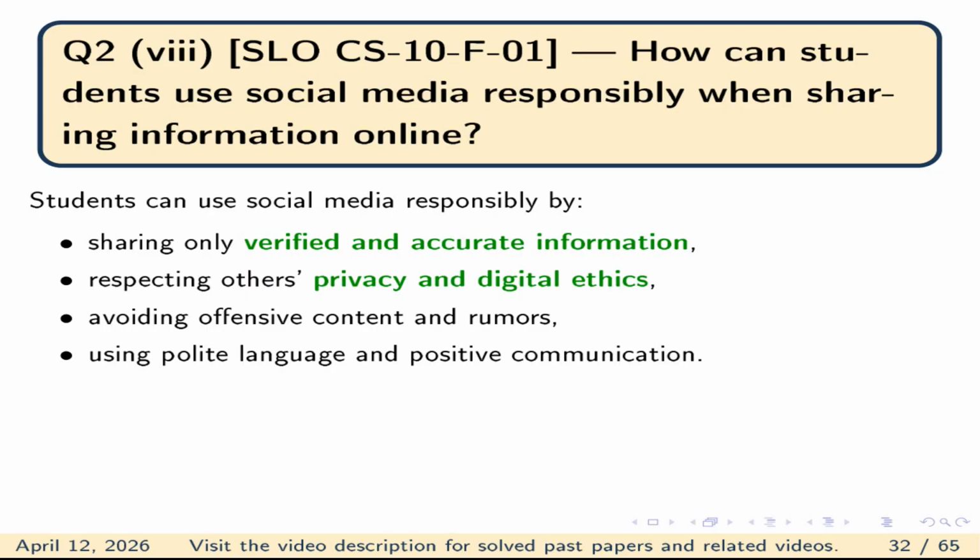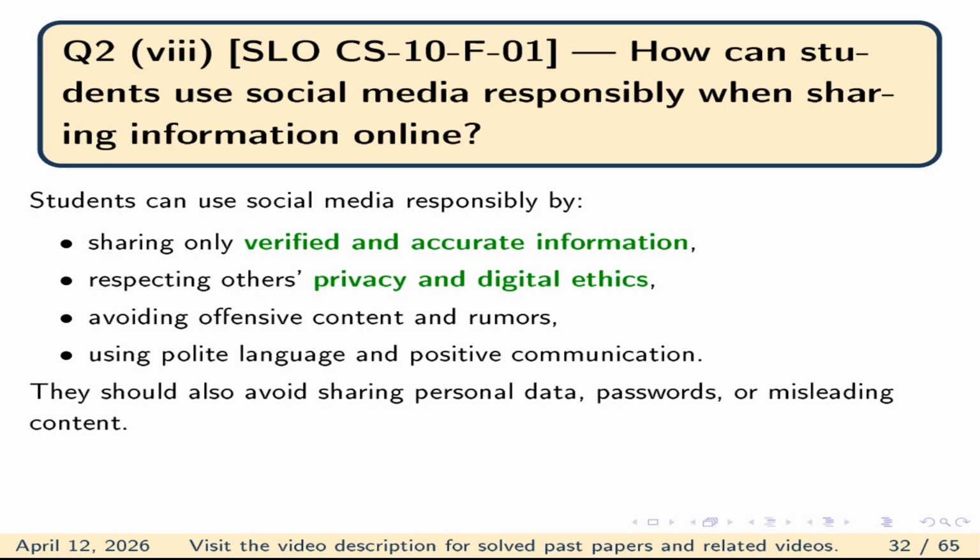Part 8: How can students use social media responsibly when sharing information online? Students can use social media responsibly by sharing verified and accurate information, respecting others' privacy and digital ethics, avoiding offensive content and rumors, using polite language and positive communication.